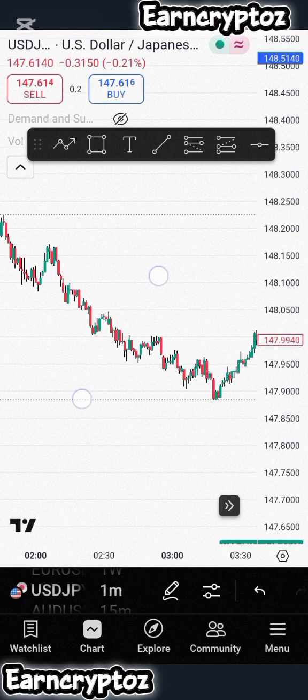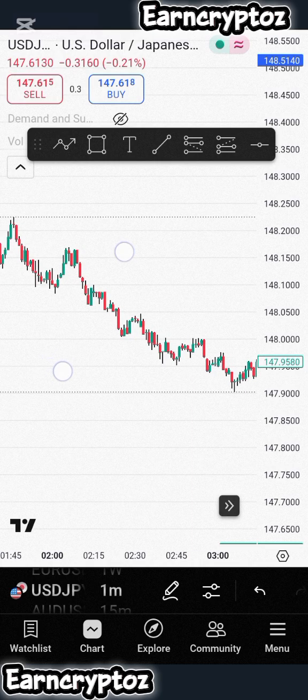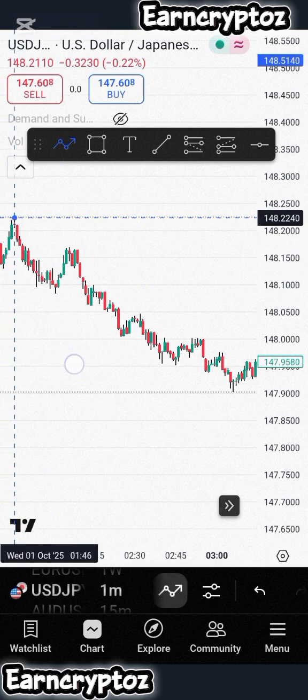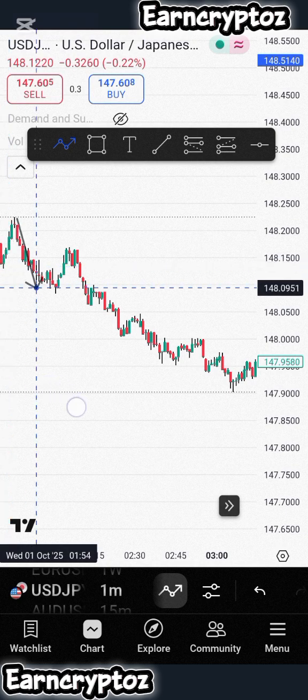Okay, so we're going to mark the trend of this chart using the 1, 2, 3, 4, 5, 6, 7, 8 numbering system. So we know that the first thing we are marking, number 1, is the impulsive move. So we have the down impulse that goes like this.